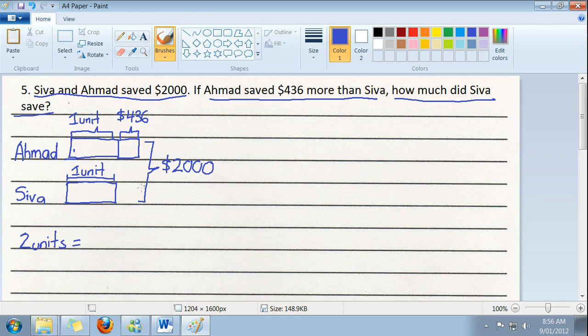Alright, so 2,000 take away 436. When you subtract, always make sure that the top is greater than the bottom. Otherwise, you need to trade, okay?